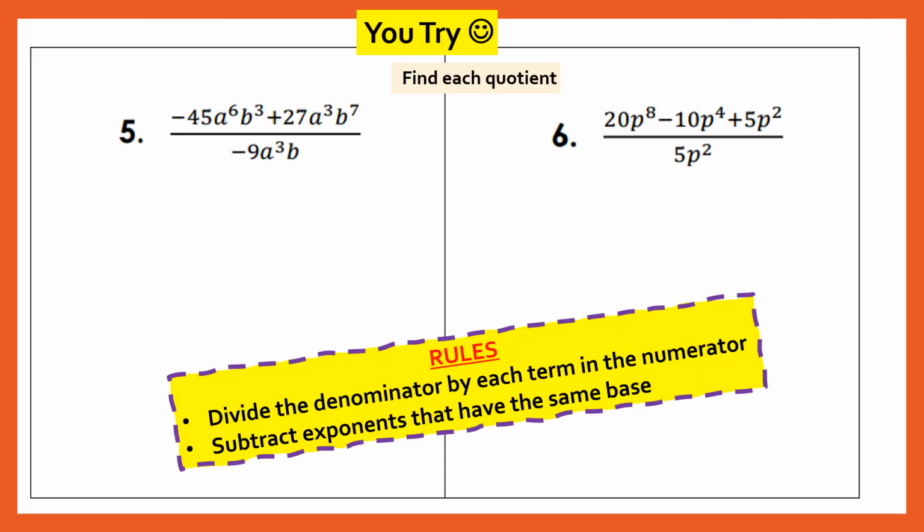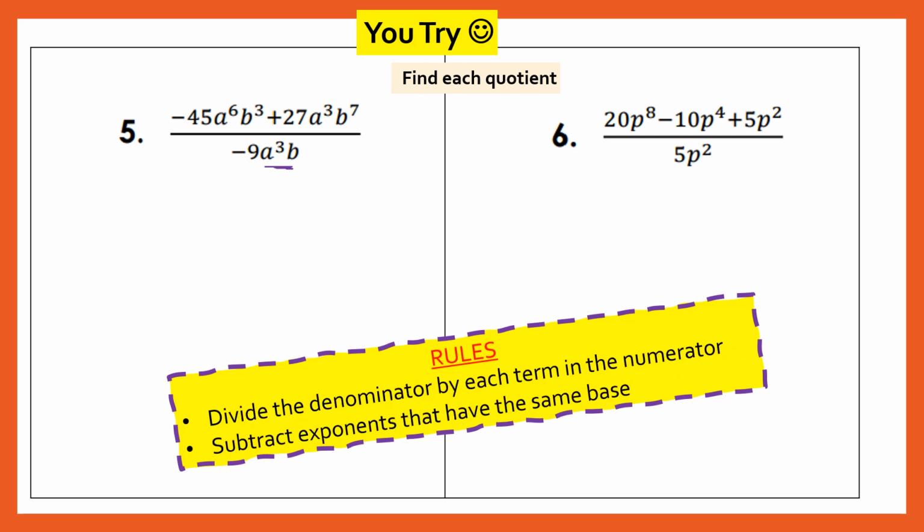So these last problems here, I would like for you to pause the video and try these on your own. And I did give you 2 harder ones intentionally because I know you could do it. Little more challenging, just a little bit, because you have 2 variables right here, right? But to kind of help you out, you're going to still just subtract the variables with the same base.